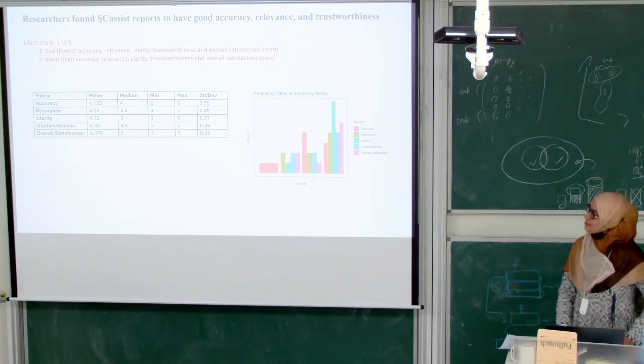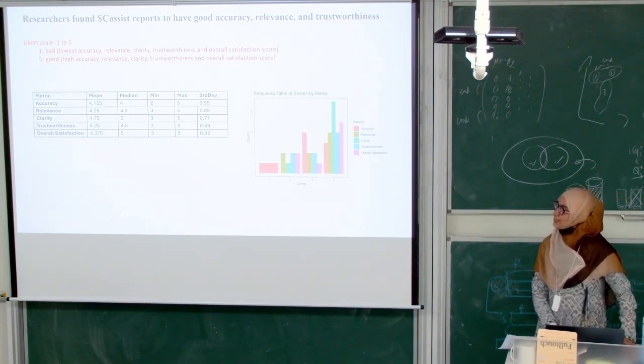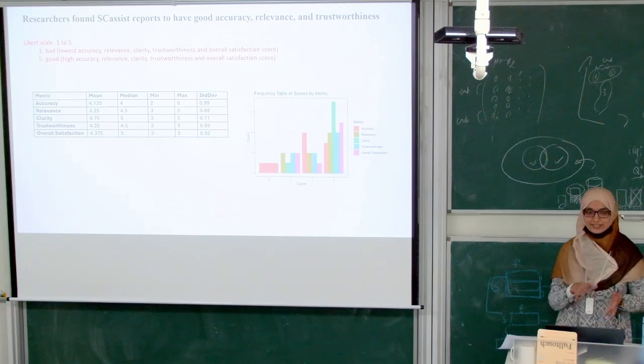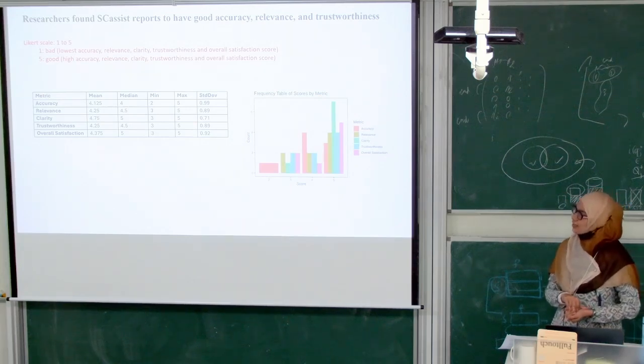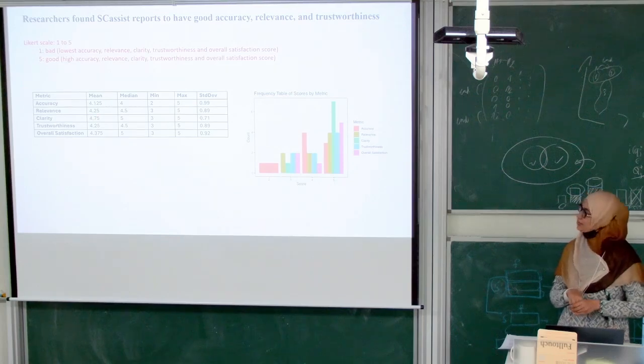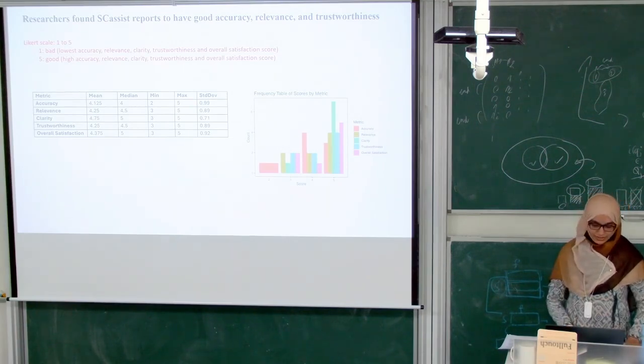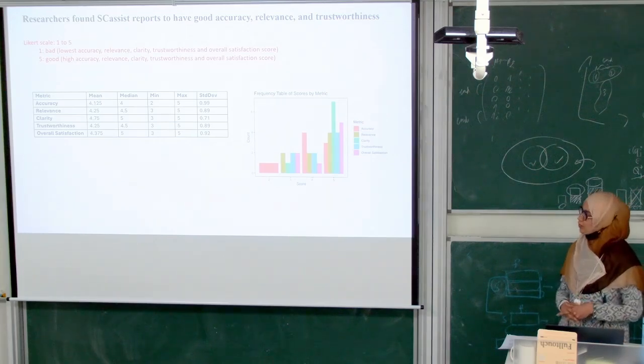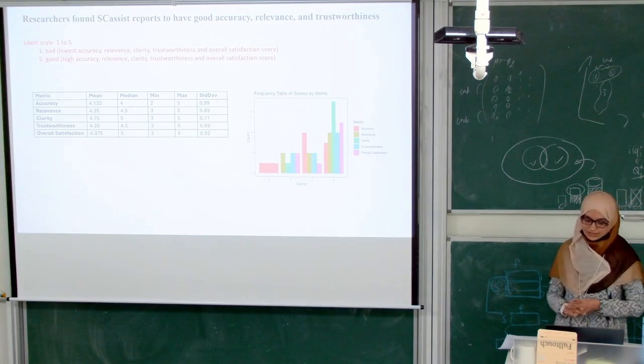Accuracy is how much they think the results are accurate, relevance is how relevant it was to the questions, clarity is how understandable and clear the results were, and trustworthiness is how much they can trust the results, plus their overall satisfaction.